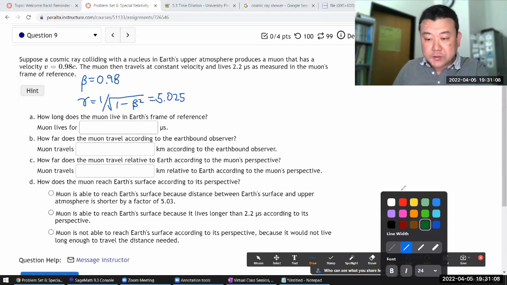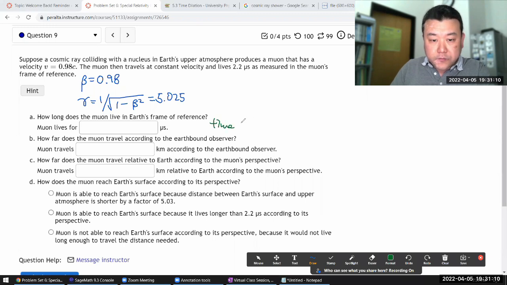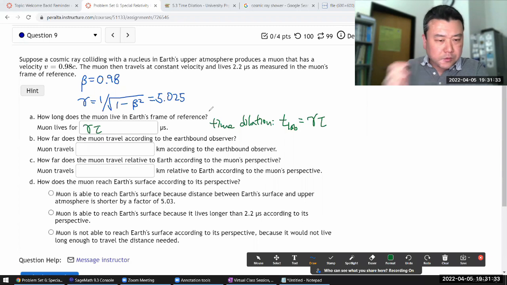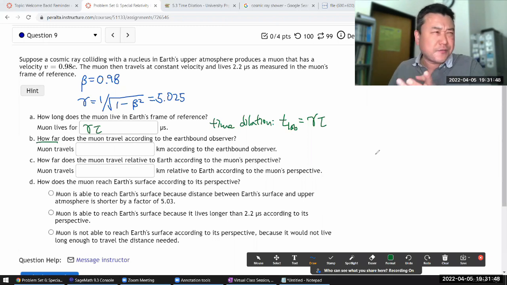That's time dilation. The formula you need is that in the lab frame where the muon is moving, it's going to be living for its own proper lifetime multiplied by gamma. So this will be, well, let me just write down gamma tau for now, and I'll plug in all the numbers together. How far does the muon travel according to the earthbound observer? Sometimes we ask a pretty mundane question. This is something you've known since physics 4A.